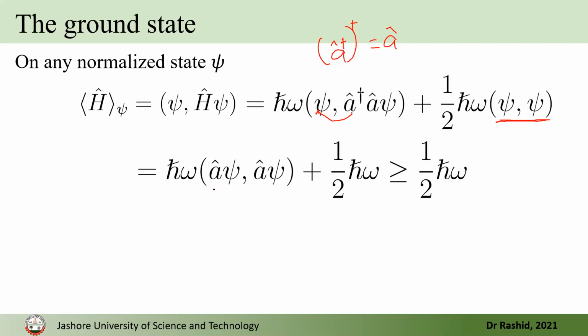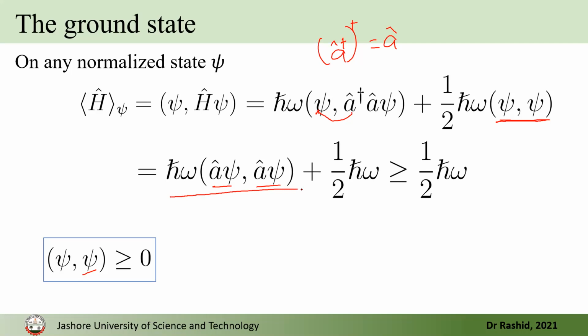Now, this is an inner product of a wave function with itself, and the inner product of two wave functions like this is always greater than or equal to 0. It is 0 if the wave function is 0. If the wave function is not 0, then the product is a positive number. That is, the lowest value of this product can be 0. So the lowest value of the sum of these two terms can only be half h bar omega, because the lowest value of this could be 0.